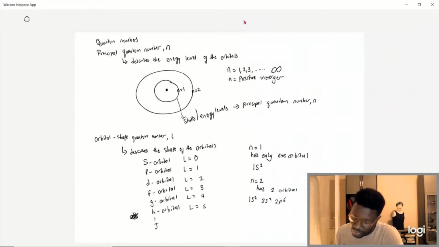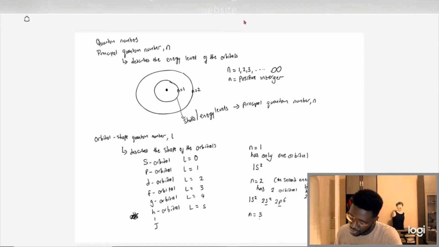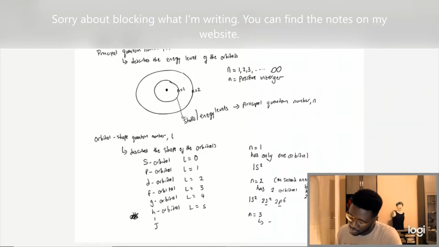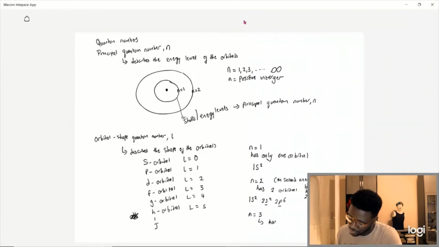So that means the second energy level has 2 orbitals. It has the s orbital and the p orbital. So when n is equal to 3, it has 3 orbitals.